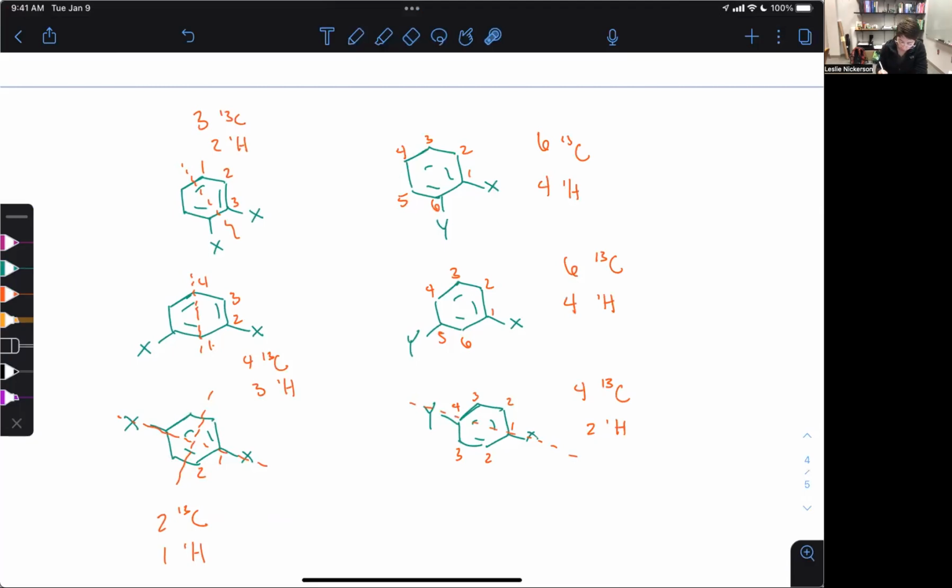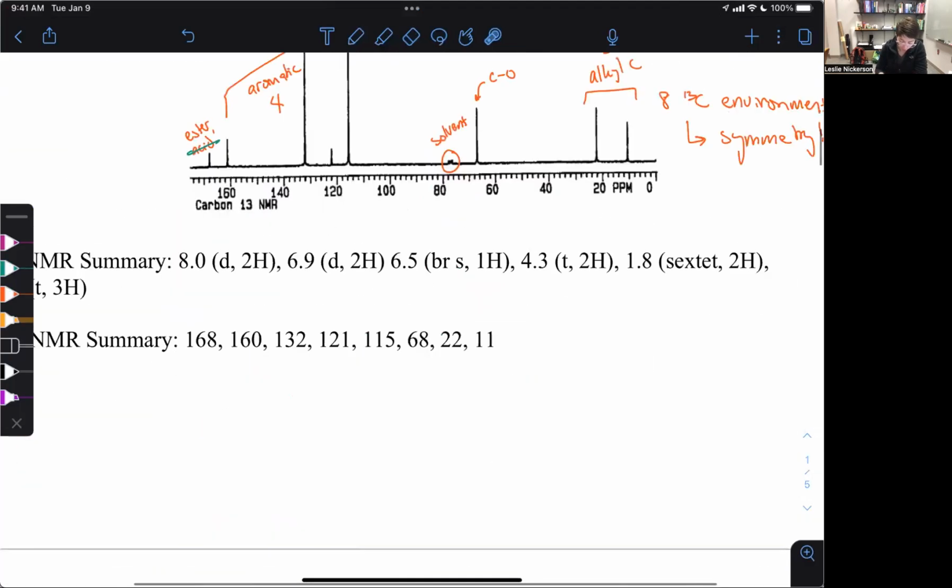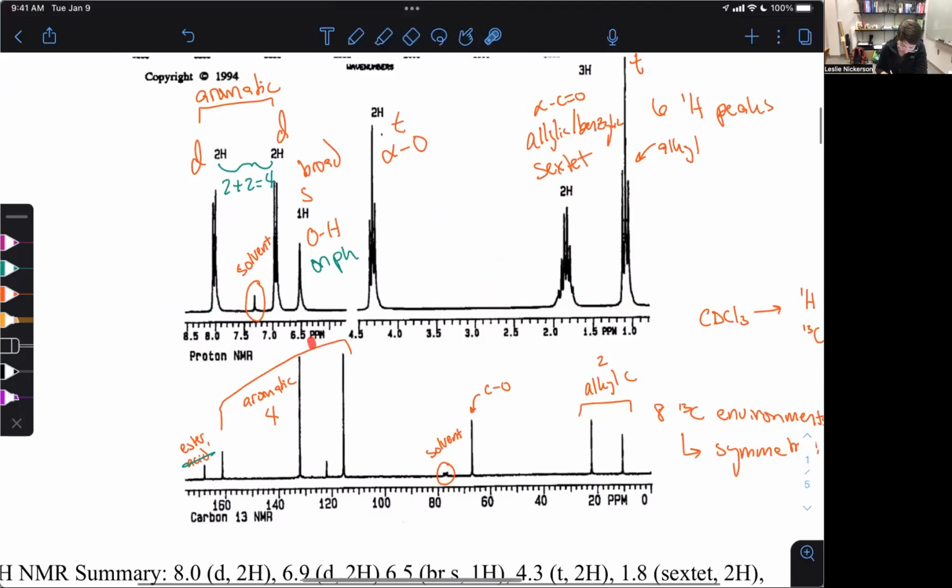So we're looking for, let's refresh ourselves here. So we decided there's probably like 4 aromatic peaks. And then we've got 1, 2, sorry, I didn't mean to select that. Alcohol 1, 2 aromatic protons.